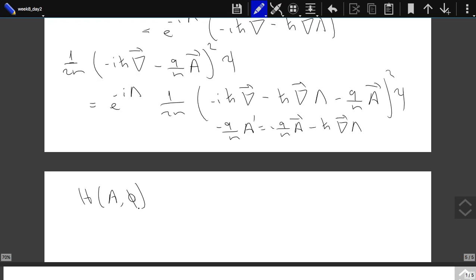In a sense, acting on psi it just becomes e to the power minus I lambda h. Let's see, this is a plus. Now let's see, this is q. No, there's no m, by the way. There's no m over here.